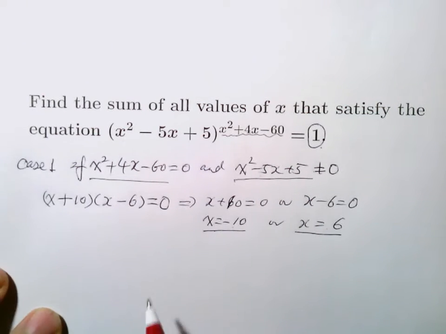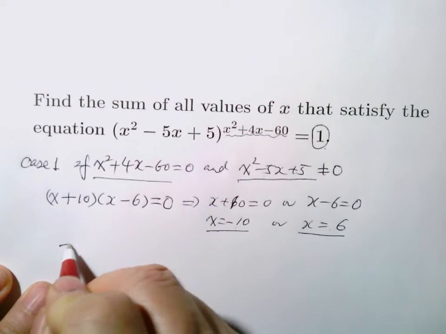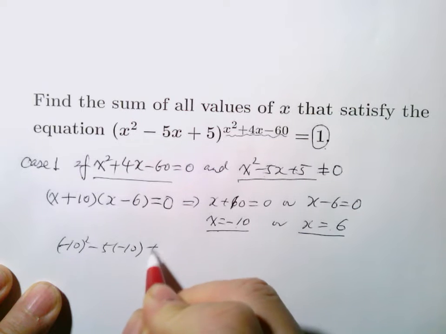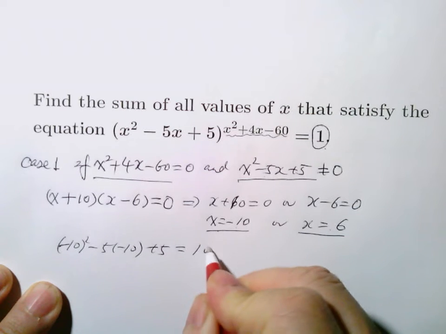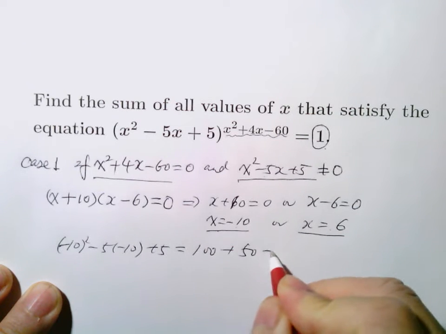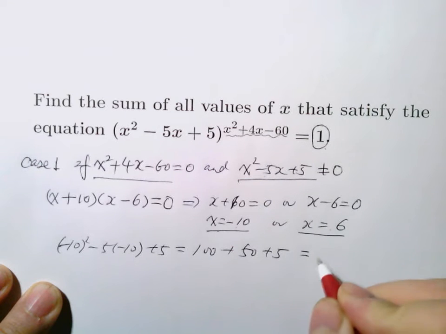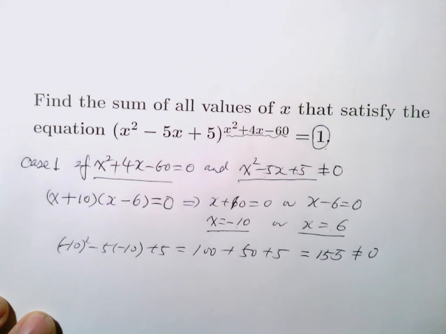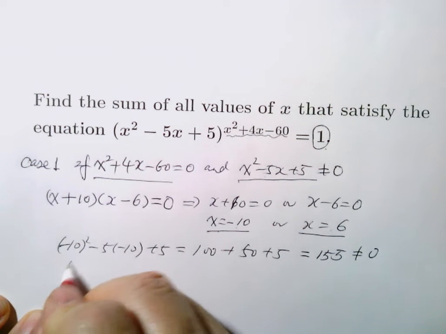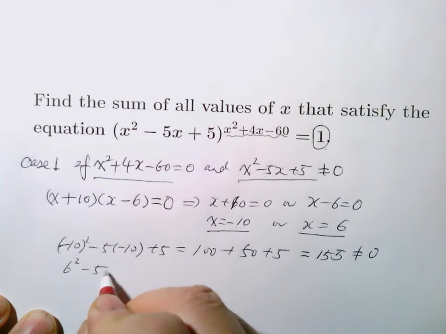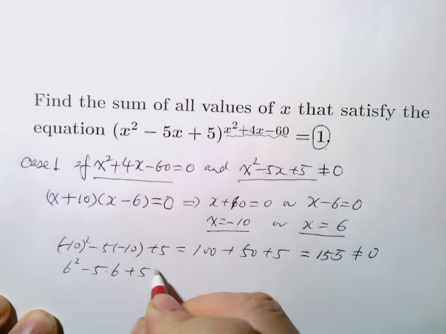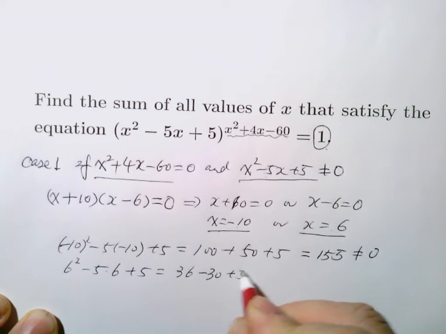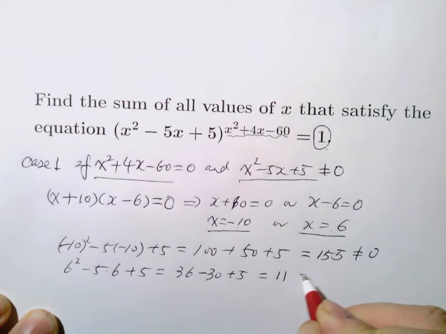We can easily tell negative 10 squared minus 5 times negative 10 plus 5, which is 100 plus 50 plus 5, equals 155, which is not equal to 0. And 6 squared minus 5 times 6 plus 5, which is 36 minus 30 plus 5, which is 11, also not equal to 0.